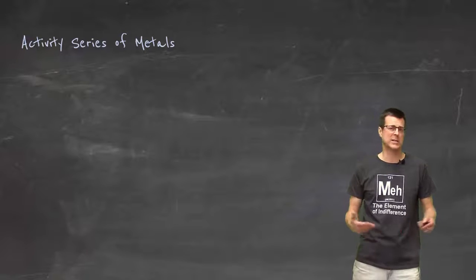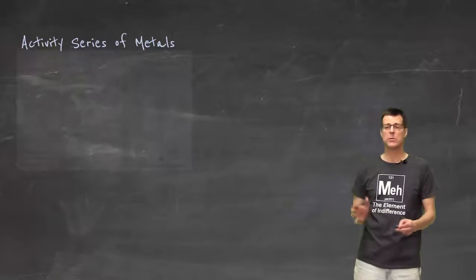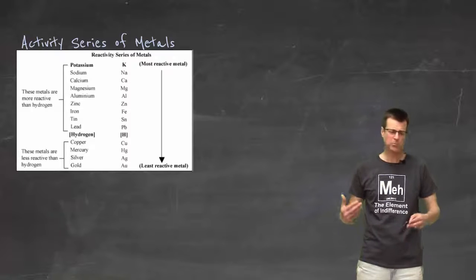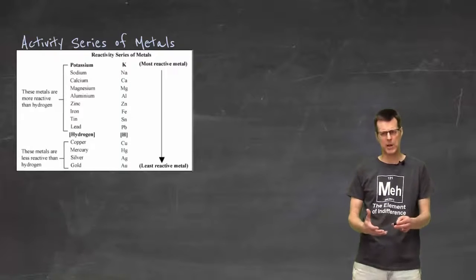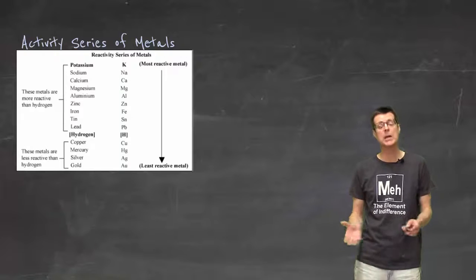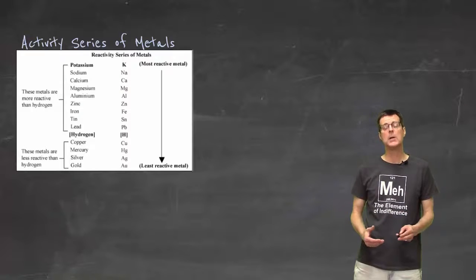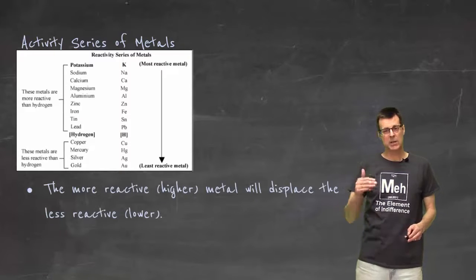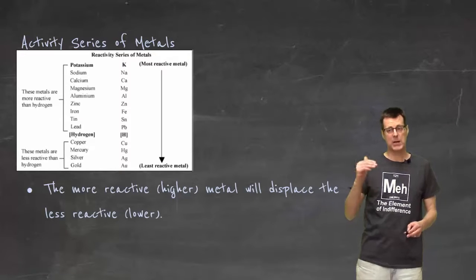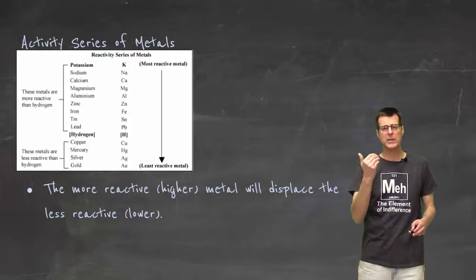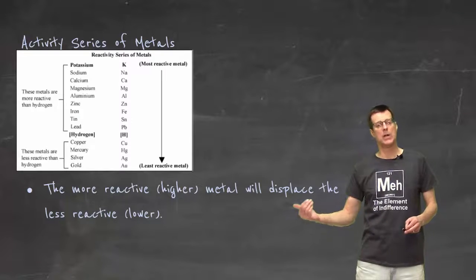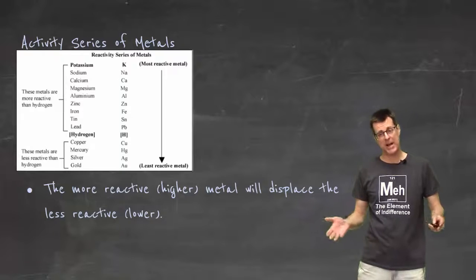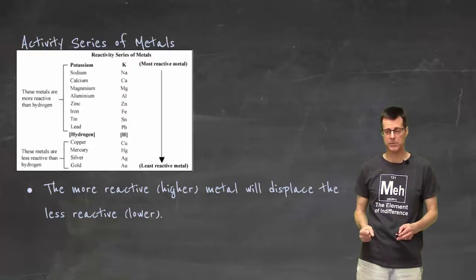So our question today is, how do I predict? Well, I have a tool from earlier, and that was the activity series of metals. Most activity series that we've seen have not been particularly complete, haven't gotten all the metals in there. But generally speaking, the way the activity series works is the more reactive metal is higher up, and it will displace, or kick out of a compound, a less reactive metal, or less active metal, as you'll sometimes hear the phraseology.